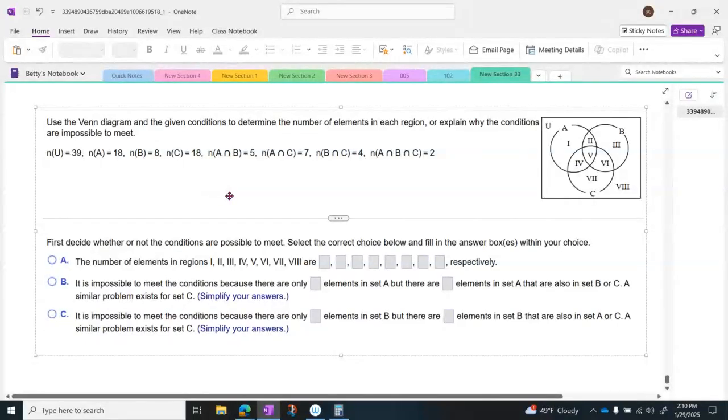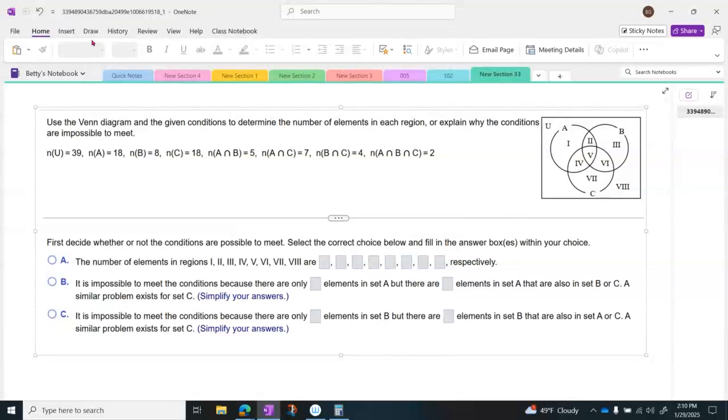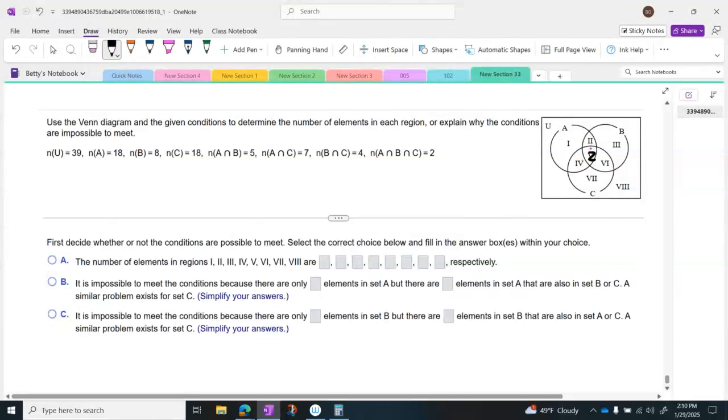A and B has 5. A and C has 7. B and C has 4. A and B and C has 2. So does that mean in the center of the flower, we have 2 elements? We have 2 elements in region 5.